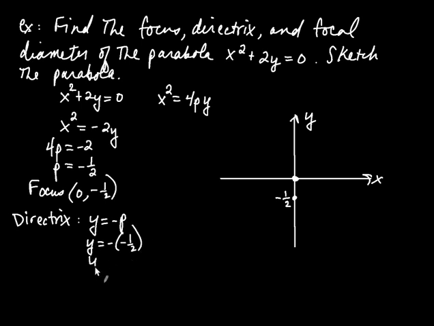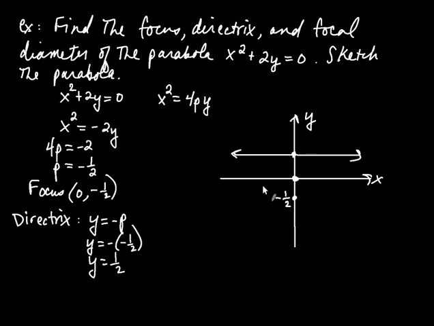So the directrix is y equals 1/2, the line up here. Let's draw that in now. If this is negative 1/2, then this would be positive 1/2. Okay, and that's our directrix. So our parabola is going to open downward, and it's going to look like that.